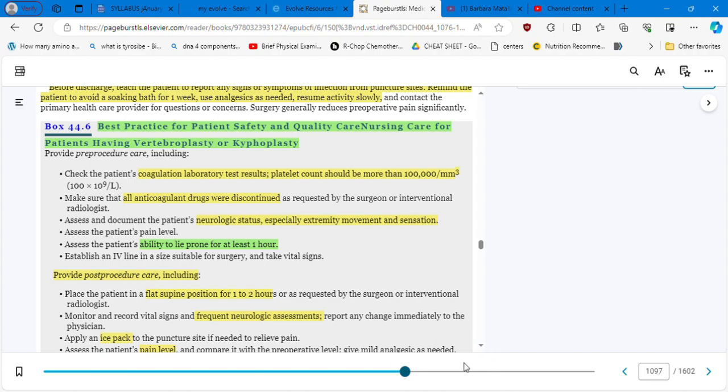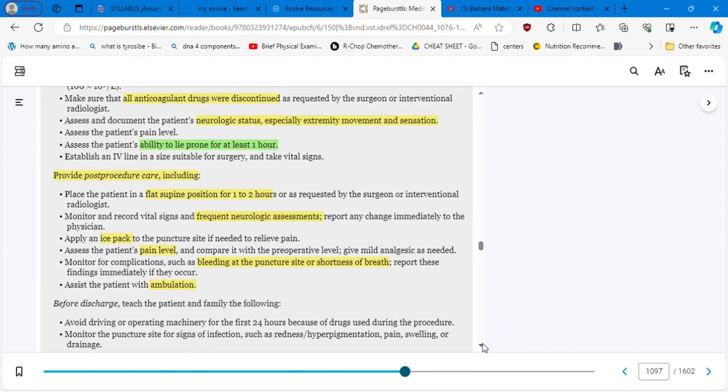Provide post-procedure care, including placing the patient in a flat supine position for 1 to 2 hours, frequent neurologic assessment, applying an ice pack to the puncture, assessing the patient's pain level, monitoring for complications such as bleeding at the puncture site or shortness of breath, and assisting the patient with ambulation.